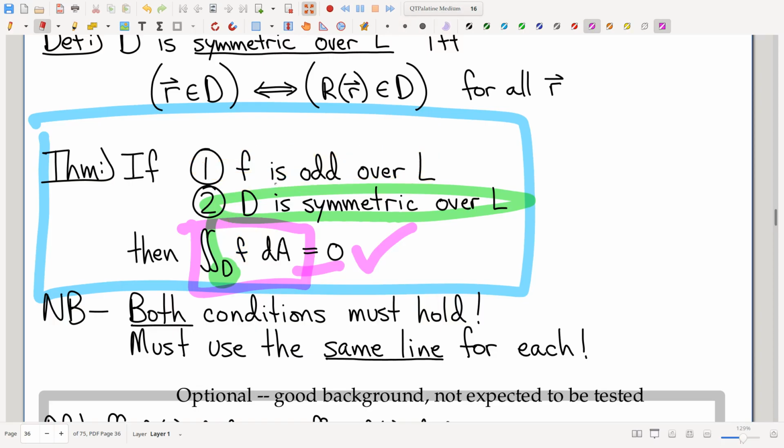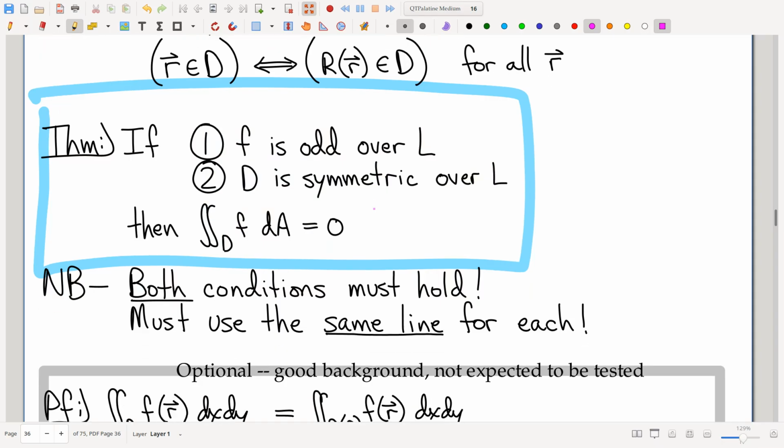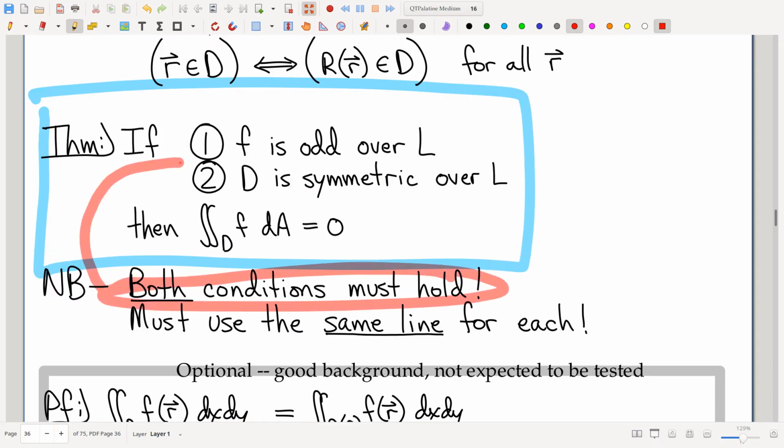All right, now we're going to show you a few examples of how to do this, but I do want to emphasize a couple of landmines you have to be careful about. You do have to make sure that both conditions hold. Again, I like to make a big deal out of things where I see students make mistakes on previous years' exams, and one of the common mistakes is students will look at some double integral that comes up naturally in some context, and they see a domain that's symmetric, and they say the integral is zero by symmetry.